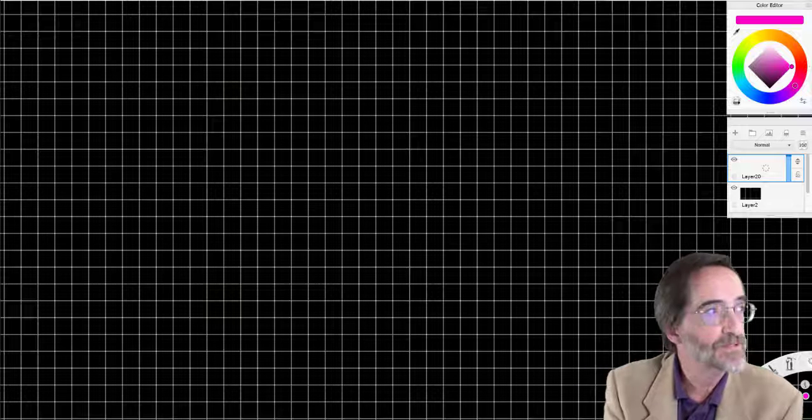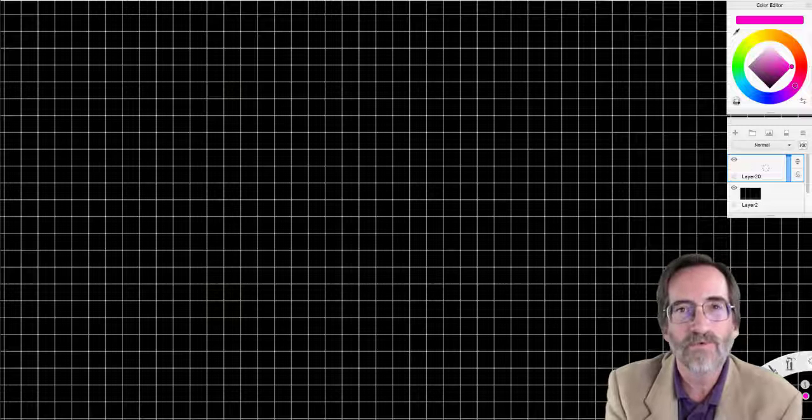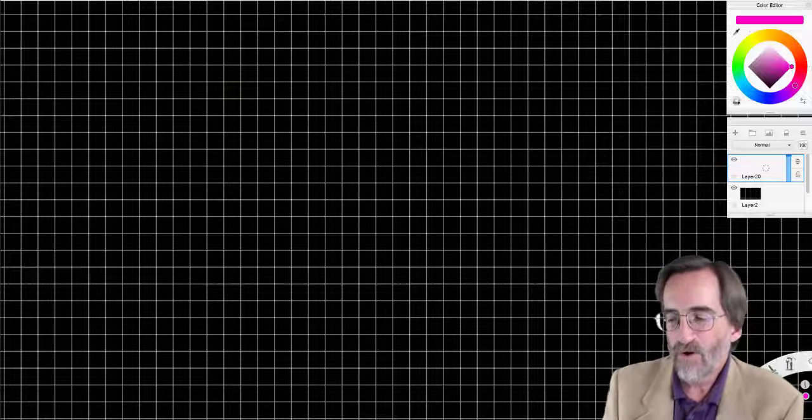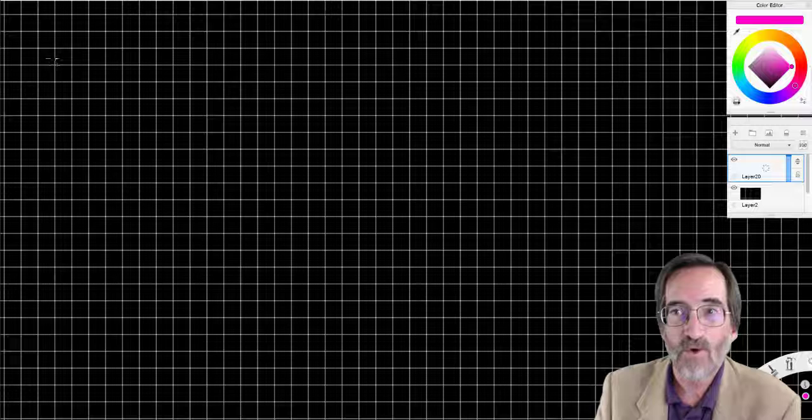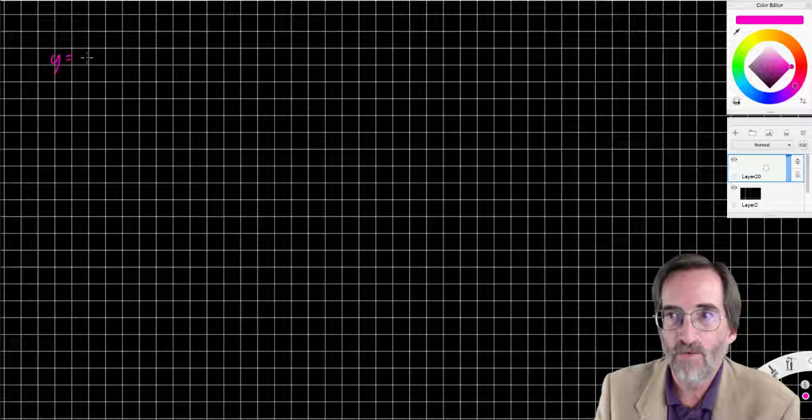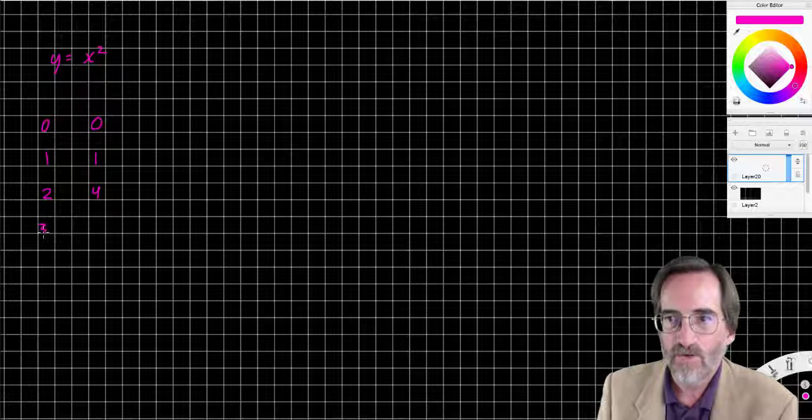This is Algebra 1B Part 2, Unit 2, Lesson 3, Graphing Square Root Functions. You may recall that to graph a squared function, the equation y equals x squared, we use the squared numbers. 0 squared is 0, 1 squared is 1, 2 squared is 4, 3 squared is 9, and so forth, right?